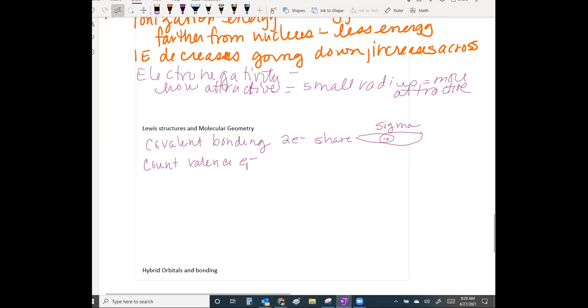So, if we want to do a Lewis structure for water, hydrogen has 1 valence electron, and there are 2 of them. Oxygen has 6 valence electrons. How do we know? We use the happy atom chart. So there's a total of 8 electrons. We draw our skeleton.